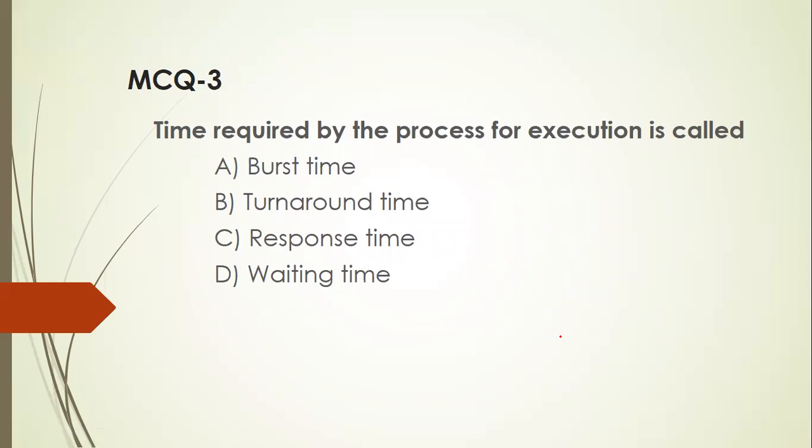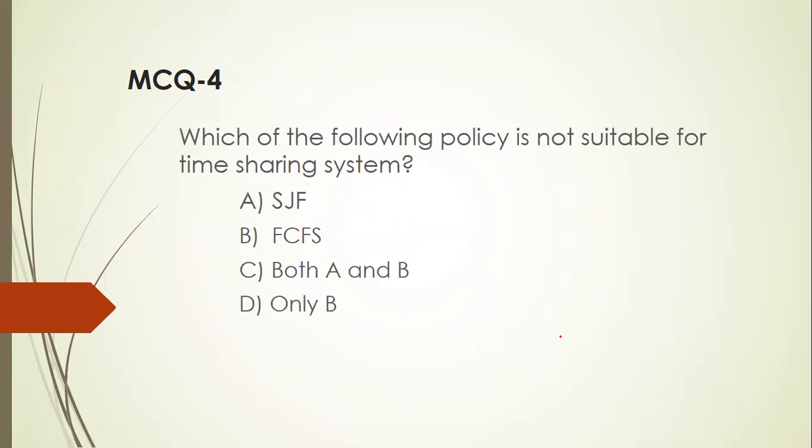Time required by the process for execution is called as burst time, turnaround time, response time, or waiting time. It is CPU burst time. The correct answer is A. Which of the following is not suitable for time sharing system? SJF, FCFS, both A and B, only B. The correct answer is C, because both SJF and FCFS come under the category of non-preemptive.